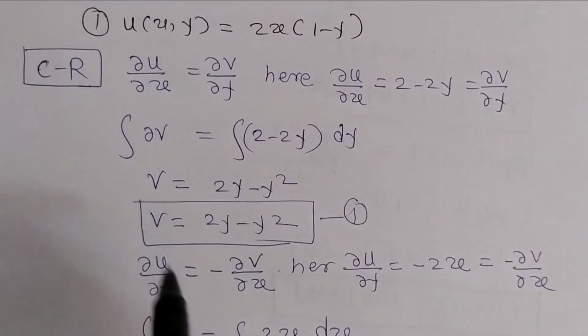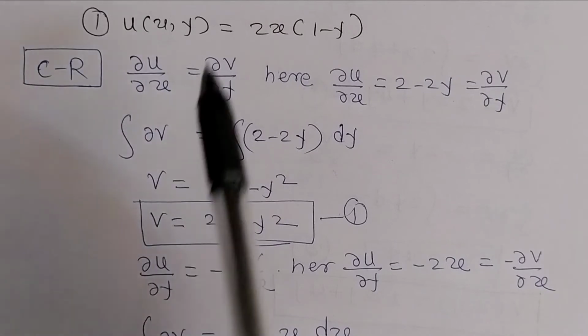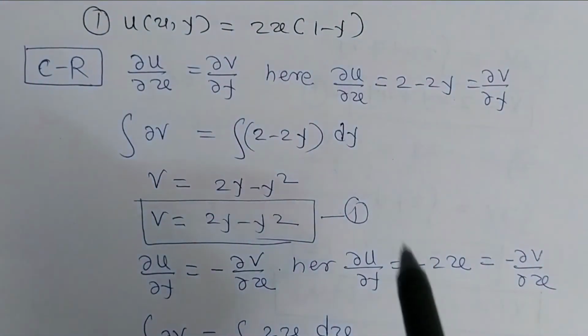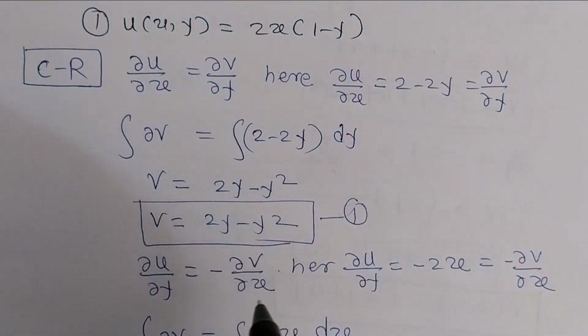The next condition is dou u by dou y is equal to minus dou v by dou x. Here dou u by dou y, with respect to y, is minus 2x, which is equal to minus dou v by dou x.